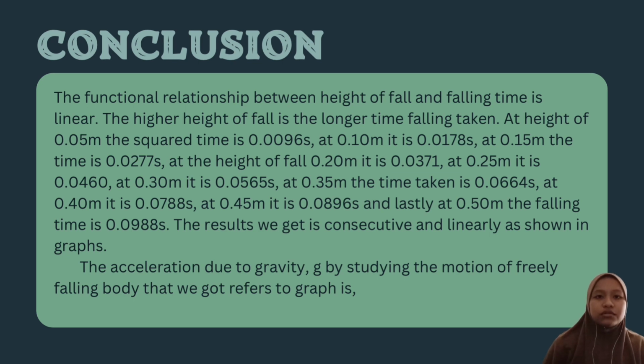At 0.40 meter, it is 0.0788 seconds. At 0.45 meter, it is 0.0896 seconds. And lastly, at 0.50 meter, the falling time is 0.0988 seconds. So the results we get are consecutive and linear, as shown in the graphs.